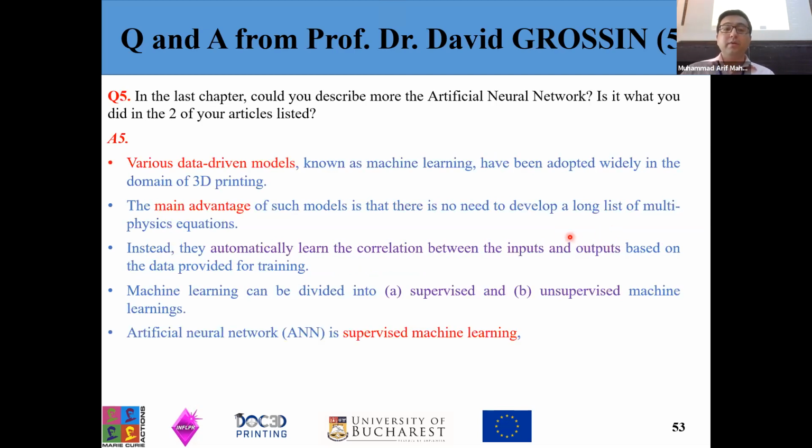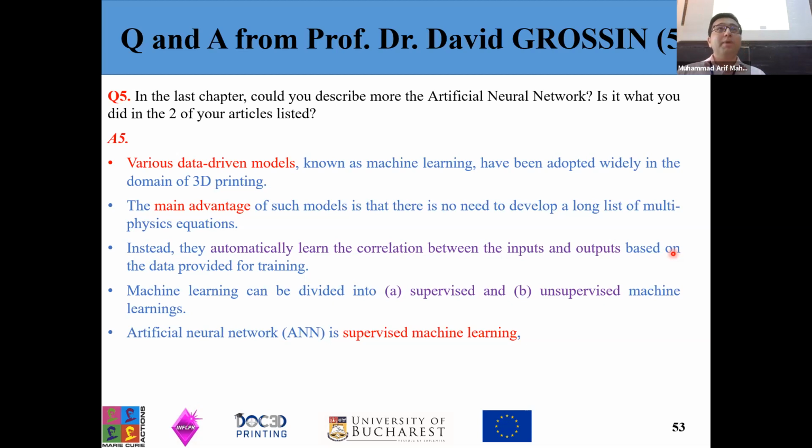So in the last chapter, could you describe more the artificial neural network? Is it what you did in two of your listed articles? Yes, actually, various data-driven models known as machine learning have been provided in the literature for 3D printing. So as I mentioned earlier, if we are using the artificial neural network, there is no need to use the multi-physical equations.